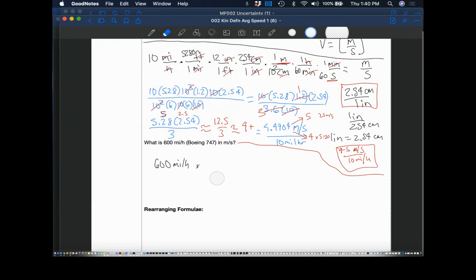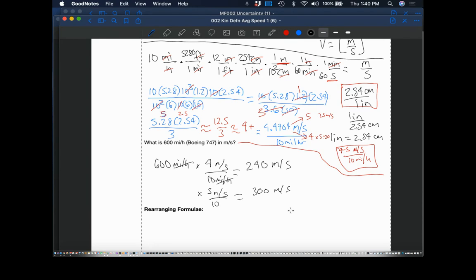On the low end, it's going to be 4, so 4 meters per second per 10 miles per hour. If you notice, these miles per hour cancel, and so we're left with 60 times 4, or 240 meters per second, or if we had used 5, we would end up with 300 meters per second. So somewhere between 240 and 300 meters per second is how fast an airplane's flying.